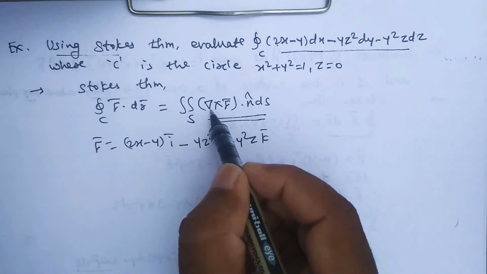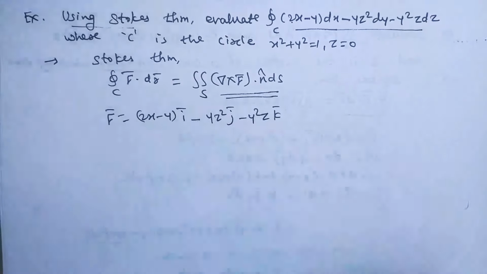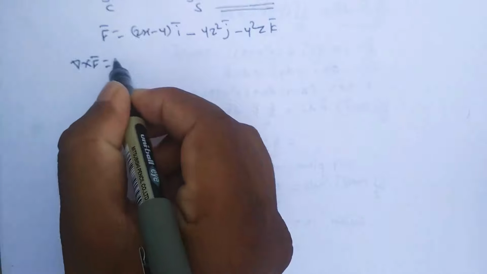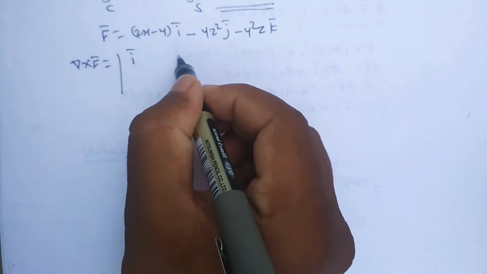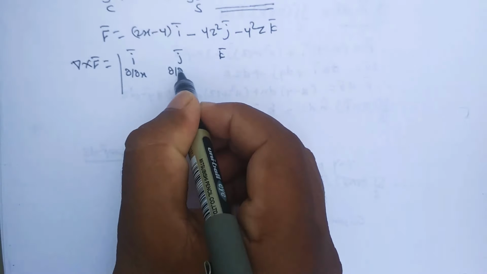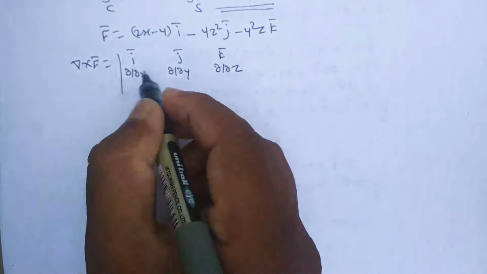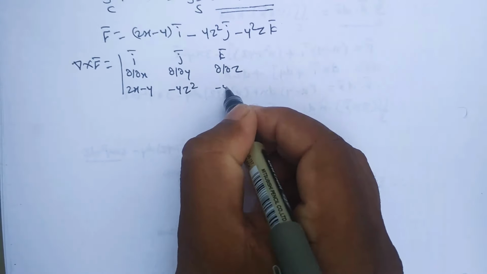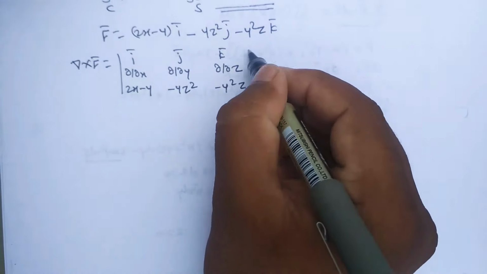Now to find del cross F̄, del cross F̄ is equal to the determinant of ī, j̄, k̄; ∂/∂x, ∂/∂y, ∂/∂z; 2x − y, −yz², −y²z.